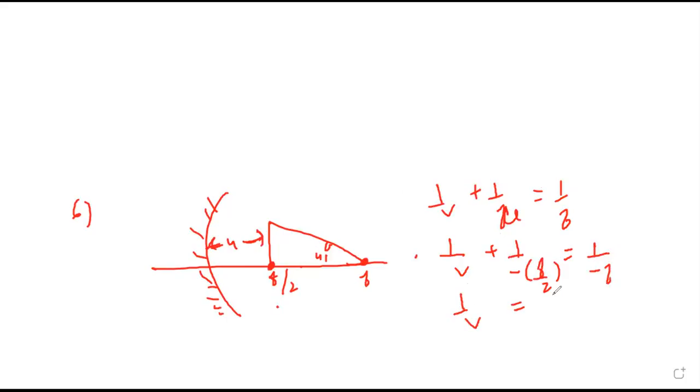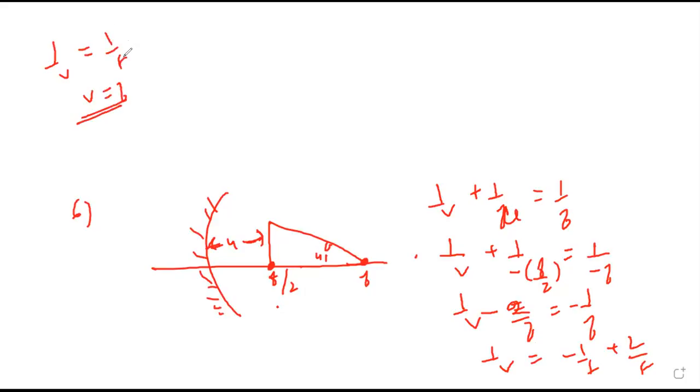That means 1 upon v is equals to minus 1 upon f plus 2 upon f. Therefore 1 upon v will be 1 by f. V is same as f. That means the image will come at f position.